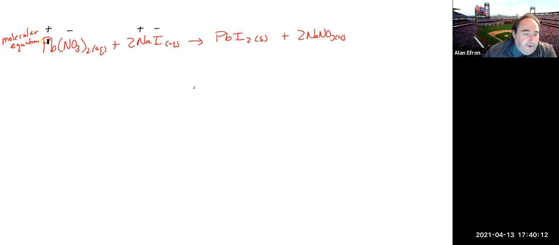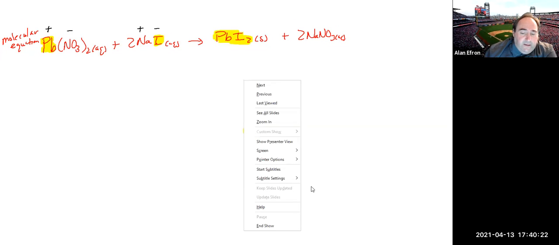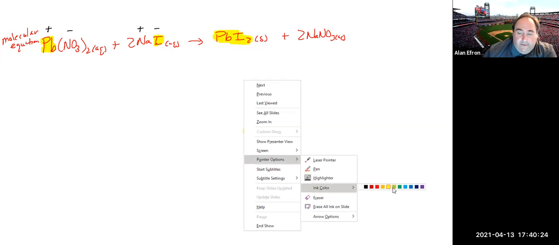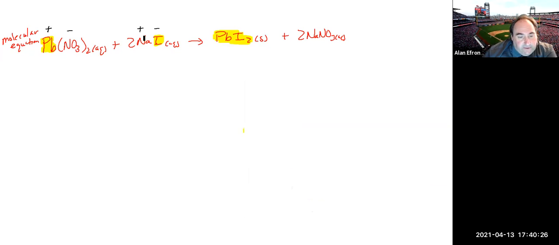That means on the product side, the lead and the iodide will come together to make our lead II iodide. And the other positive guy will then hook up with our other negative guy, and that means that our sodium will then hook up with our nitrate here, and that's how we get to our sodium nitrate in this particular case.